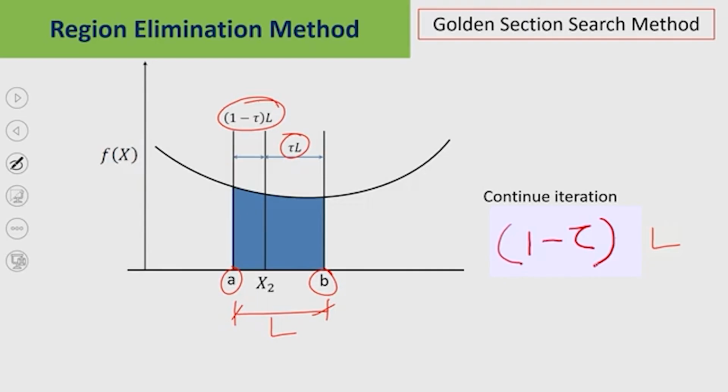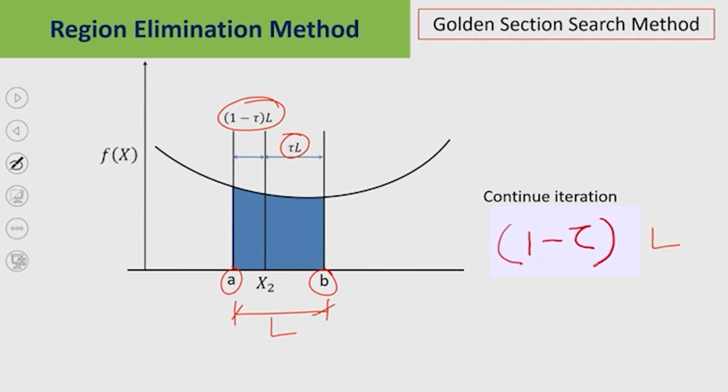I am eliminating 50% of the area in each iteration, and at the same time I need 2 function evaluations in each iteration. Therefore, the area eliminated per function evaluation is 25% in case of interval halving method.